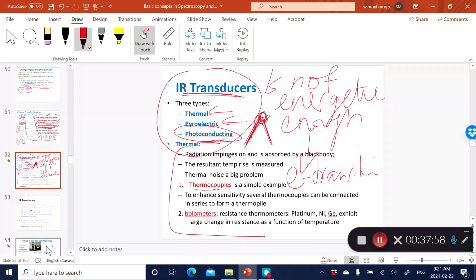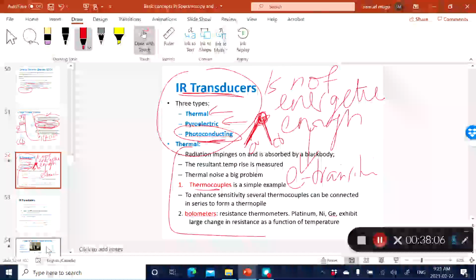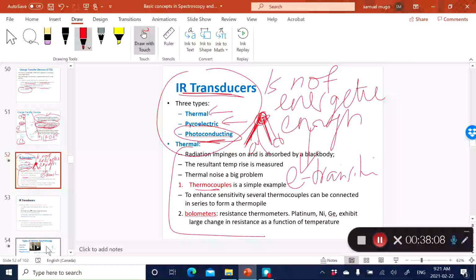If I take copper and chromium and glue them together, because there will be differential conductivity between those two metals, I'm going to create a potential difference if I impinge it with heat, and that creates a voltage. That is the thermocouple.